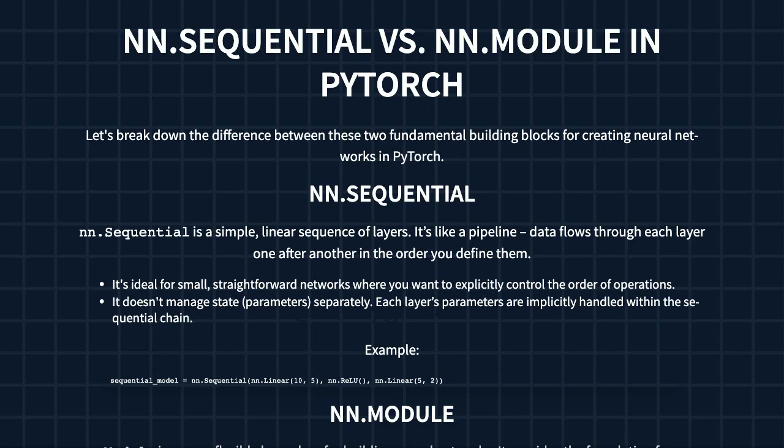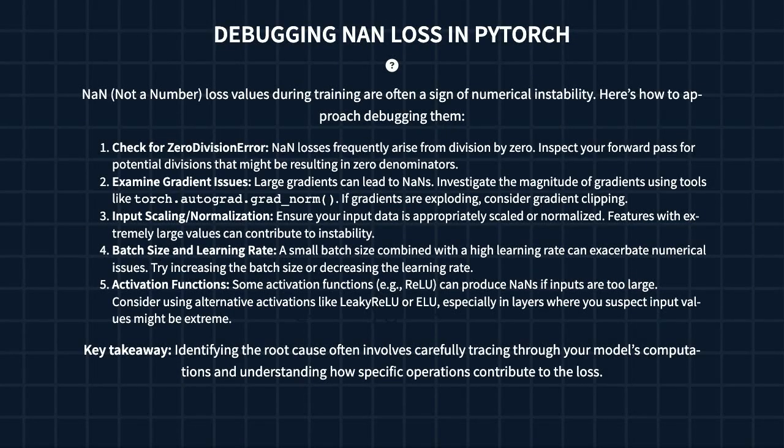Okay, let's talk about those frustrating NaN loss values you sometimes see during PyTorch training. They're a common sign that something isn't quite right with your calculations. First thing to check is for any division by zero. These are the usual culprits behind NaNs. Next, look at your gradients. If they're getting huge, it can cause problems.